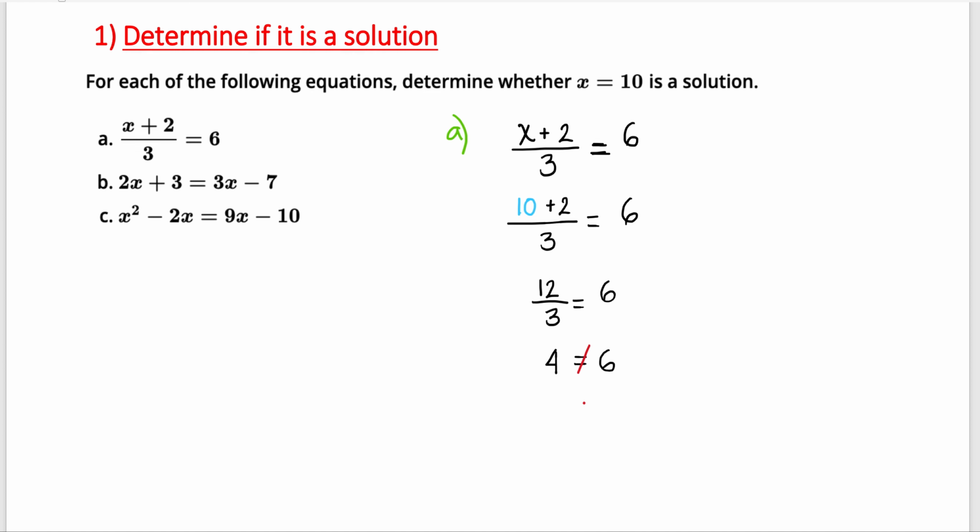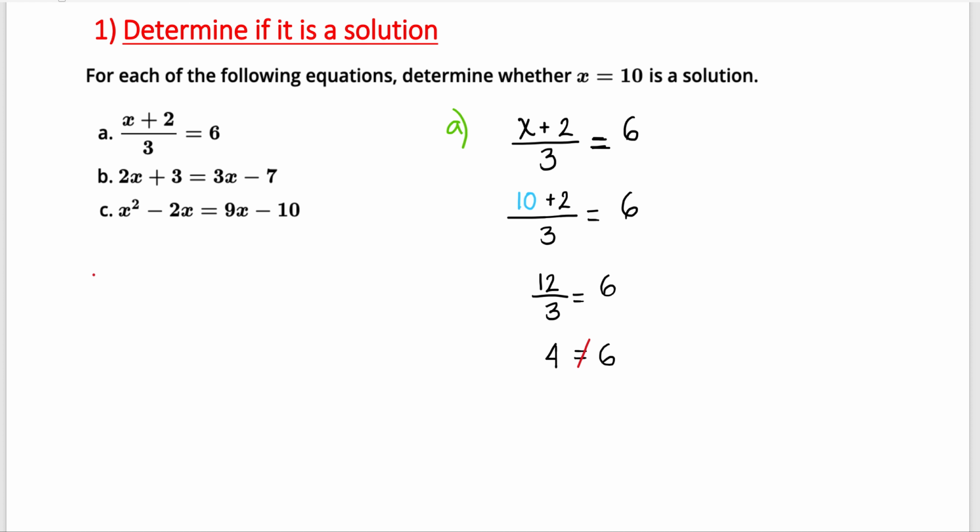Okay, let's do B underneath here. B, in pencil, says 2x plus 3 equals 3x, take away 7. Again, I sub in x equals 10, so I have to do 2 times 10.